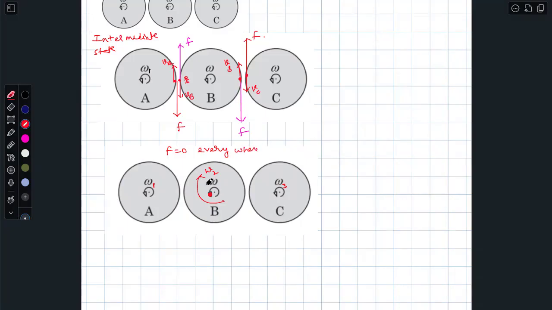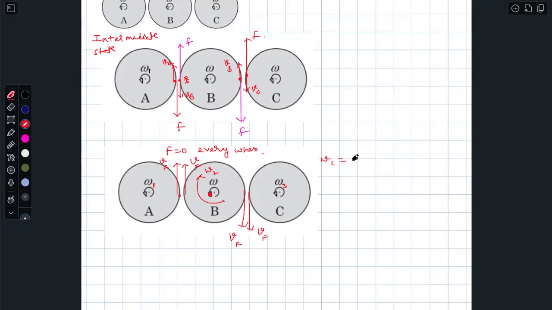Why, I will explain. Remember, now this point will have velocity v. This point will also have velocity v. This point will have velocity v, and this point will have velocity v. To avoid confusion, v final, v final, v final, v final.